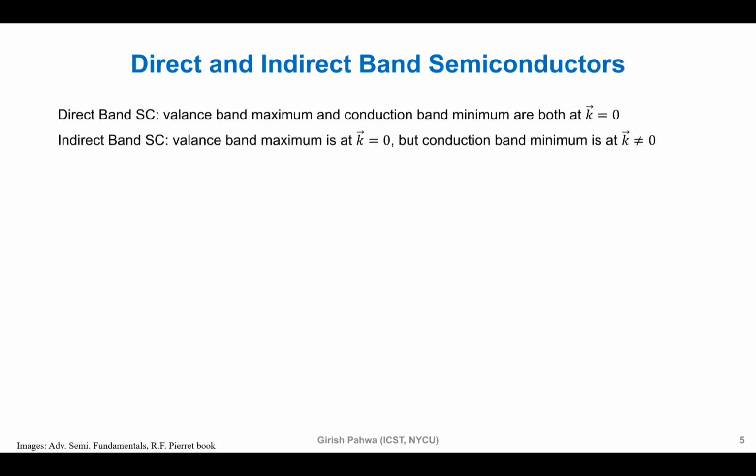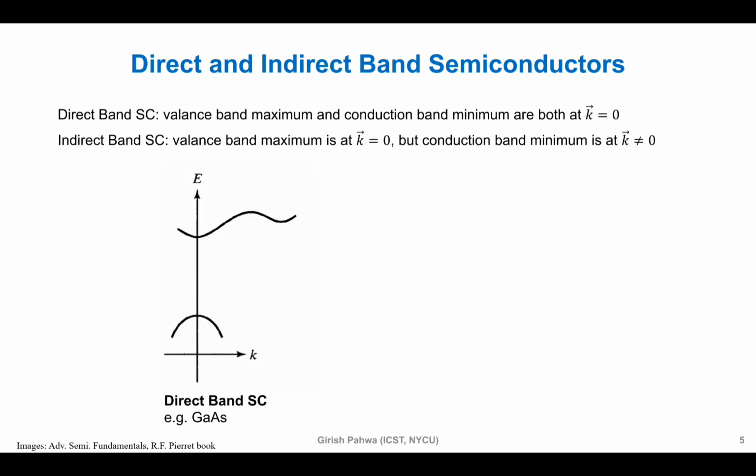And all the valence bands, be it for gallium arsenide, germanium, silicon, all of them had the valence band maximum at k equal to 0. But the conduction band minimum for gallium arsenide, if you remember, was at k equal to 0, but for, say, silicon and germanium it was not at k equal to 0. So the situation was like this.